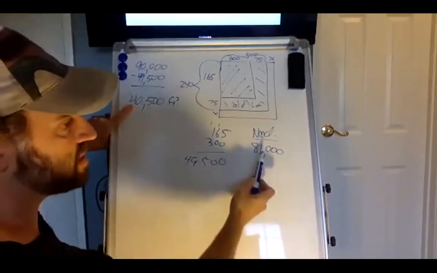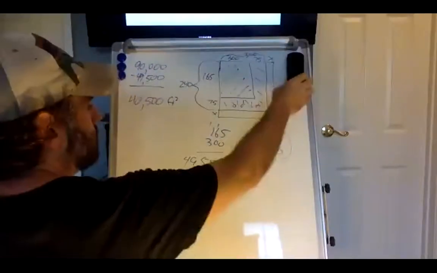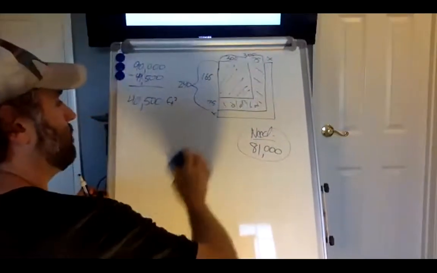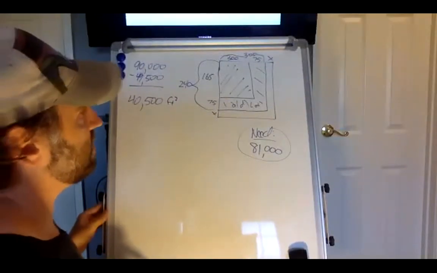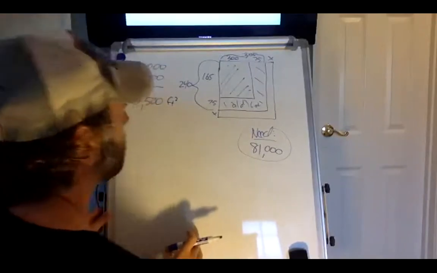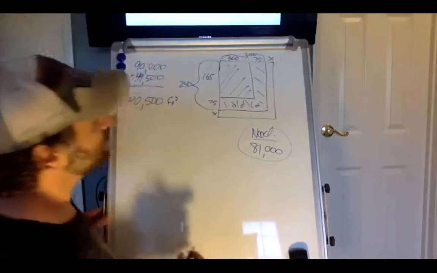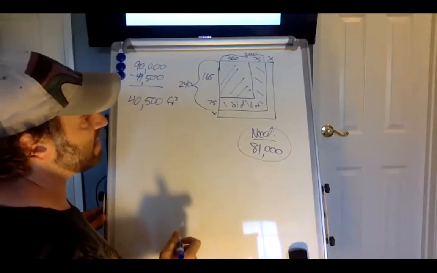Now I want to double it, so I need double that, which is 81,000. So I need 81,000 to be the area of the new lot. How are we going to figure that out?